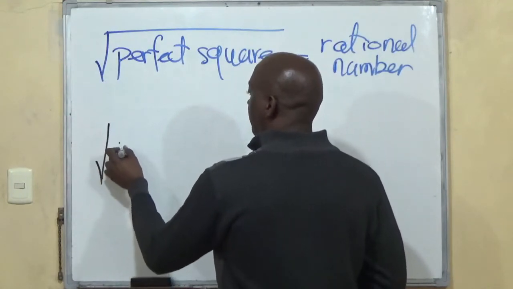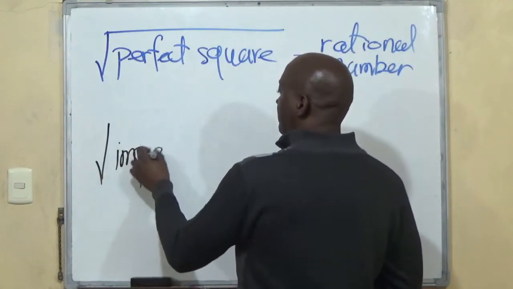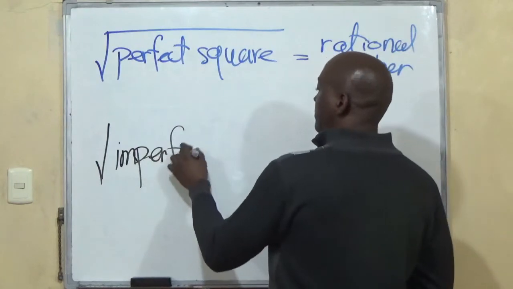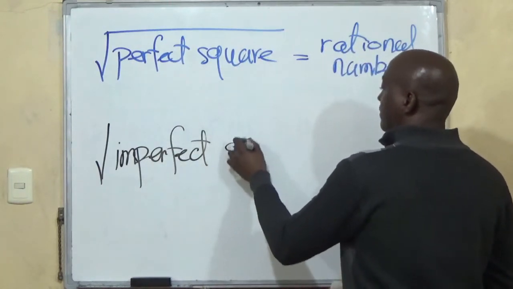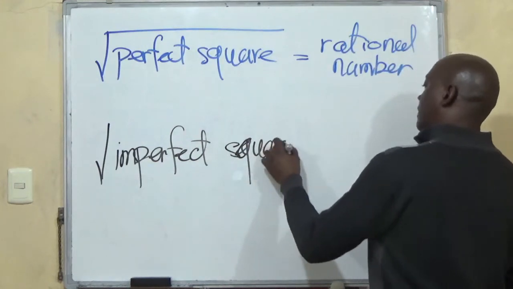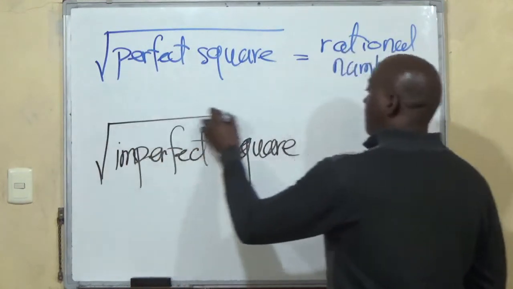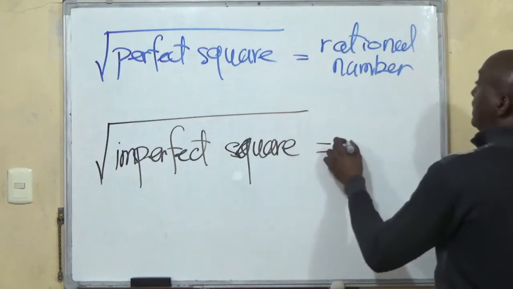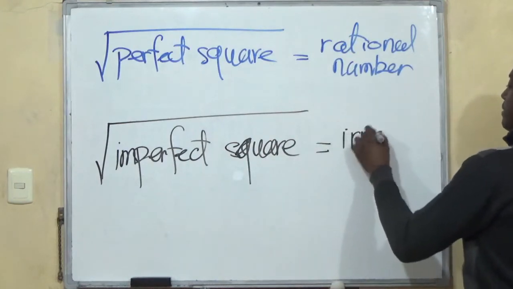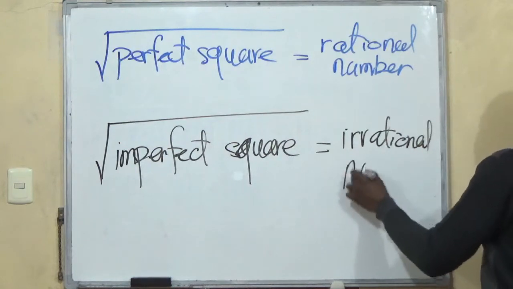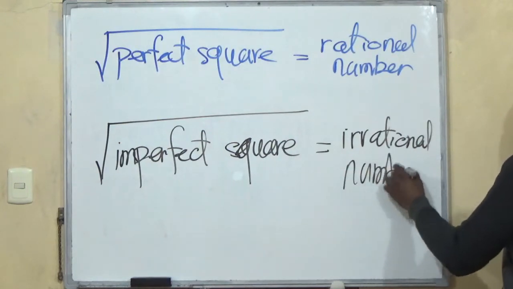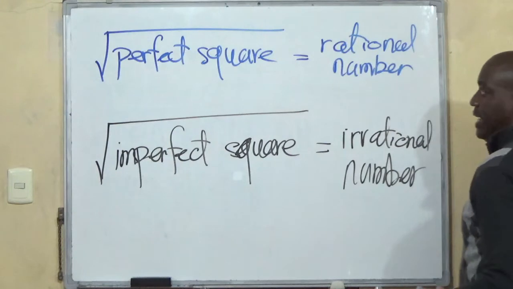The square root of, now this is my term here, I don't know if anybody ever used this before, the square root of an imperfect square is an irrational number. Right? And that's basically it.